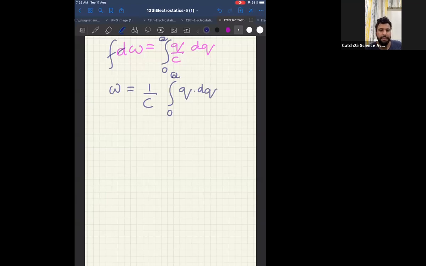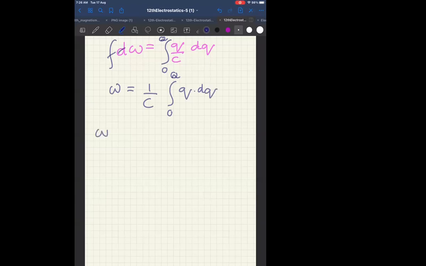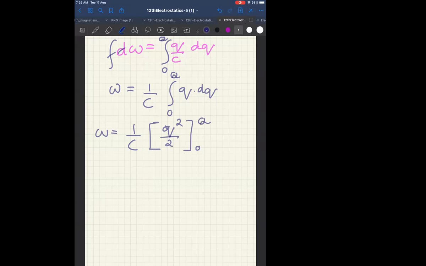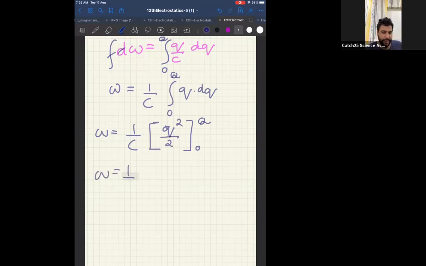Then W is equal to 1 by C as it is, integration of Q dQ is Q square by 2 between 0 to capital Q, because integration of X dx is X square by 2. Now W is equal to 1 by C, and 2 outside, because 2 is a constant, Q square between 0 to capital Q.